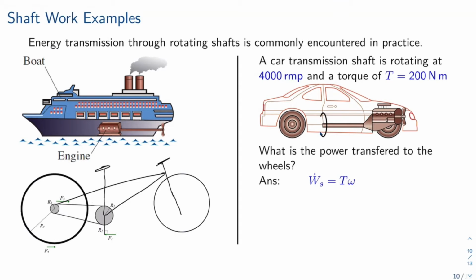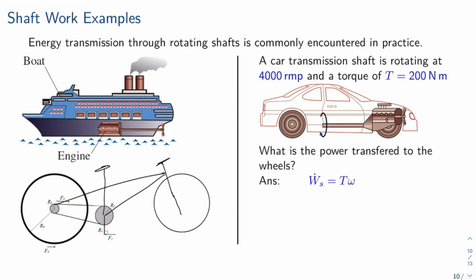When the force is applied on the pedals, it produces a torque that is transmitted by the chain to the back wheel, and then it's converted into a force that the road exerts over the wheel, and then we move in the forward direction.